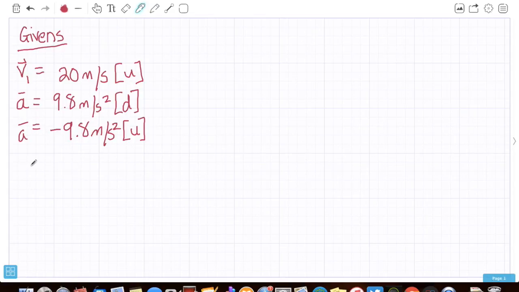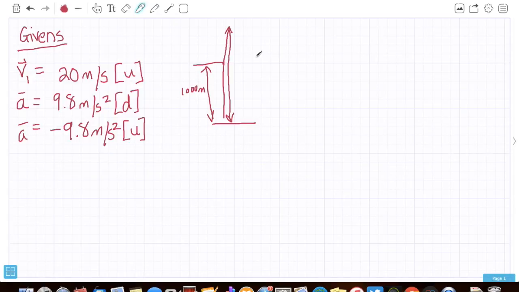We also know the change in displacement, because we're launching something off a cliff, it goes up a certain amount of distance, which we're trying to find, and then it eventually lands on the ground. Its vertical displacement is negative 1,000, and that's because the cliff itself is 1,000 meters high.